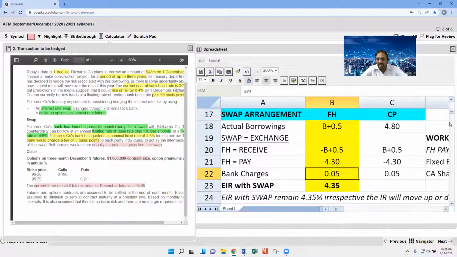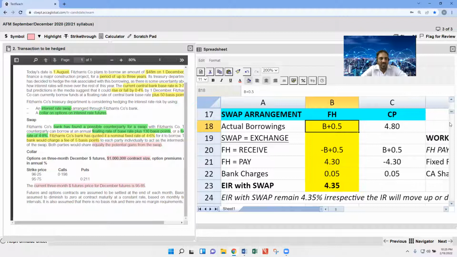Whatever the answer, both are cancelled. 4.1 plus 0.5, whatever the answer, cancel with other point. And then the final answer 4.3 plus 0.05.